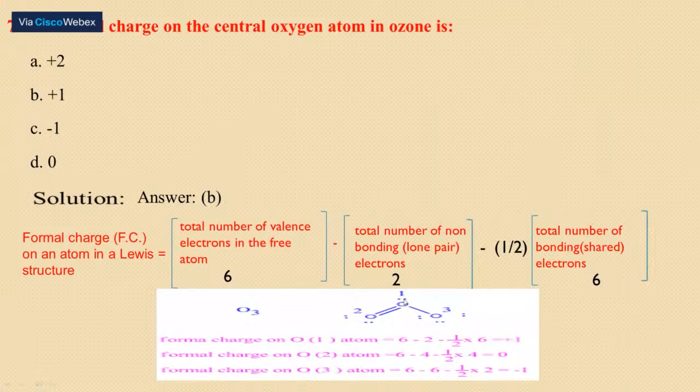Next, the total number of bonding or shared electrons. One bond is there, and here is a 2, totally 3 bonds. In order to form 3 bonds, 6 electrons are involved. Thereby the total number of electrons involved in bond formation is 6.